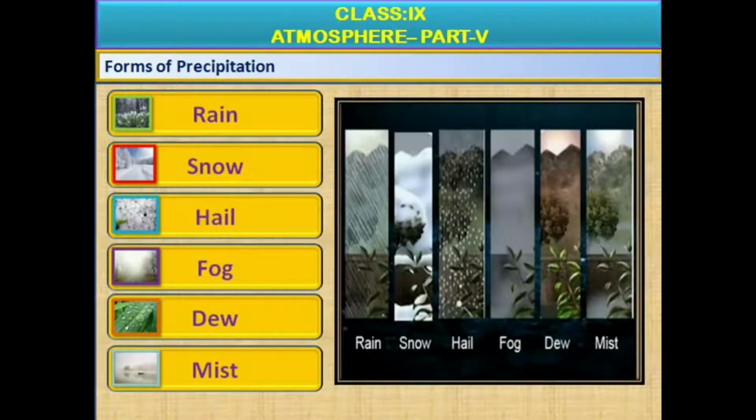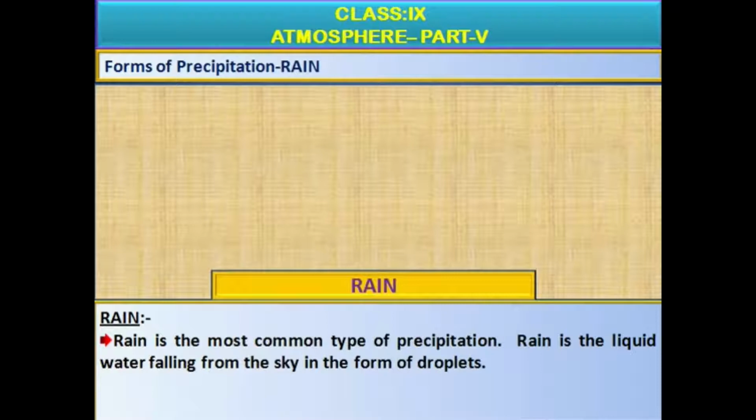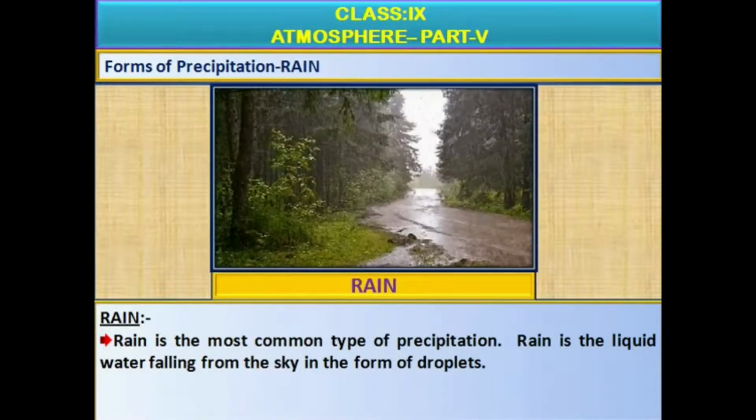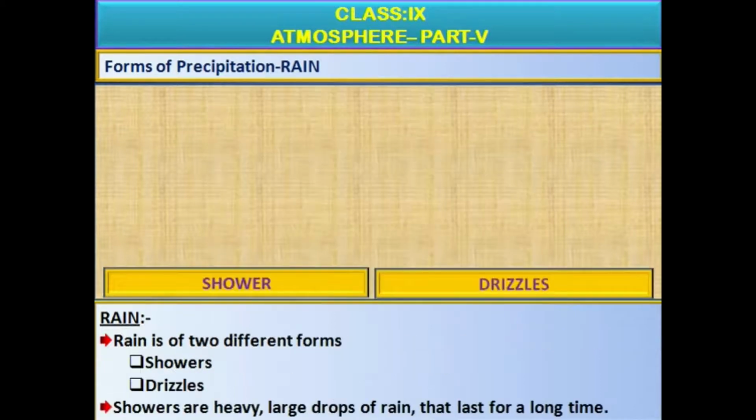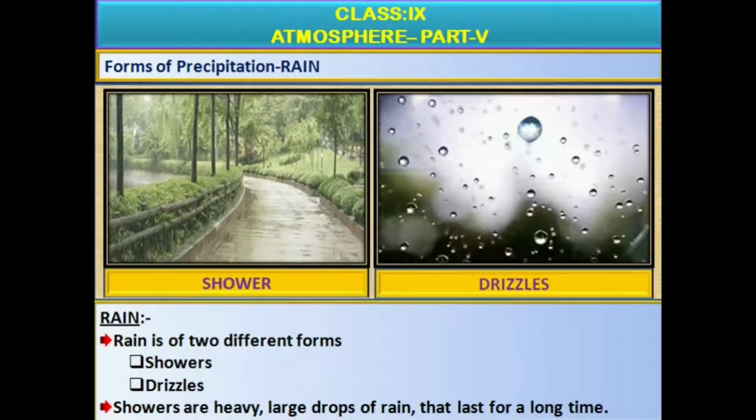Rain, snow, hail, fog, dew, mist. Rain. Rain is the most common type of precipitation. Rain is the liquid water falling from the sky in the form of droplets. Rain is of two different forms, showers and drizzles.